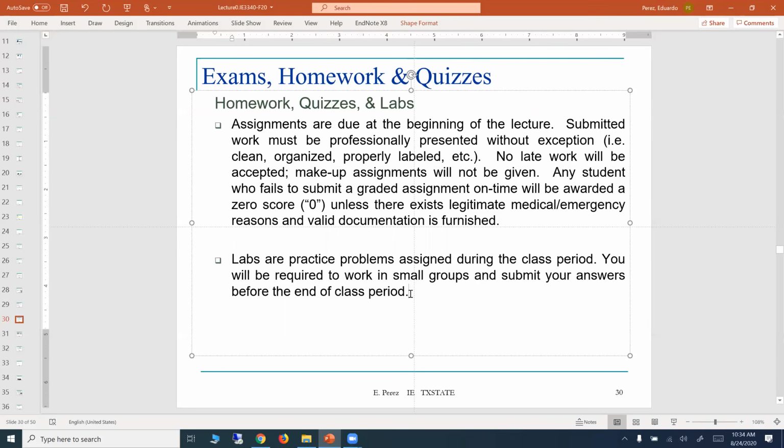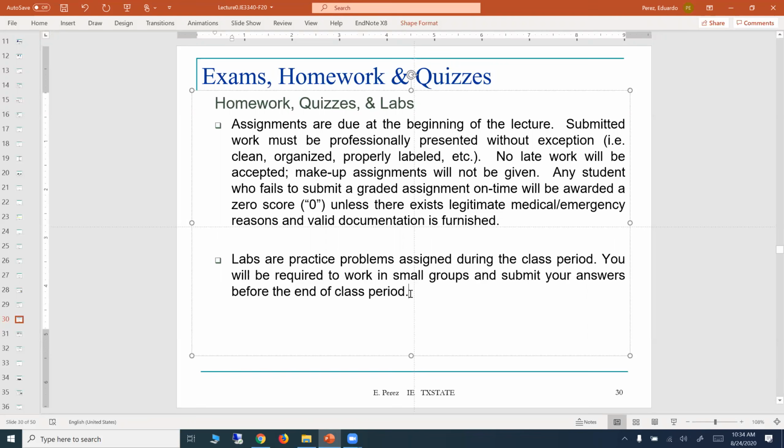The reason I'm doing that is because I want you to keep up with the material. I don't want you to let the videos accumulate. So if I assign a lab during that lecture time, then you'll be asked to submit that lab by the end of the day.